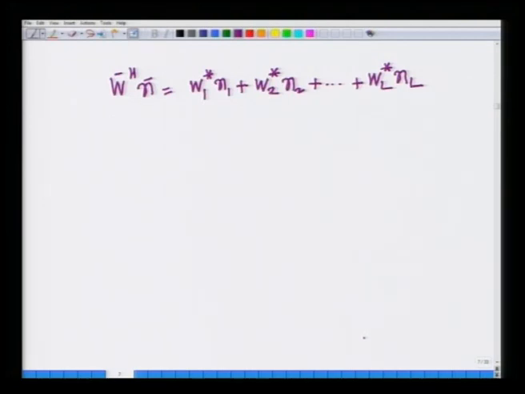Now, if I want to look at the magnitude squared, I need to multiply this quantity by its conjugate.